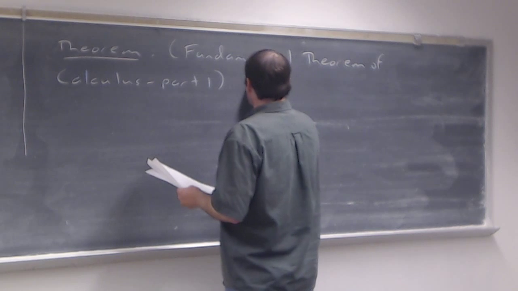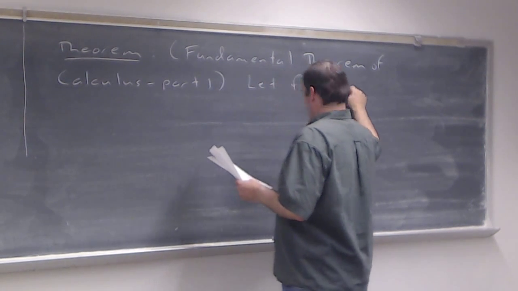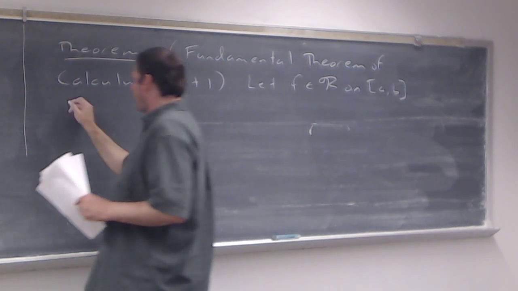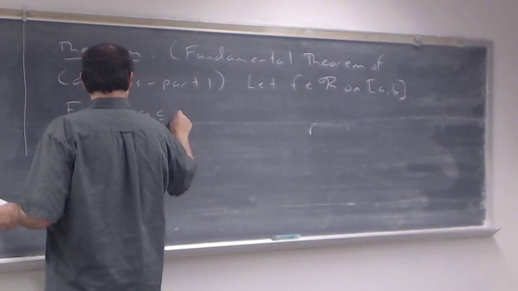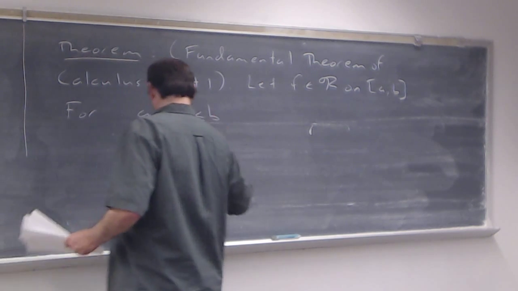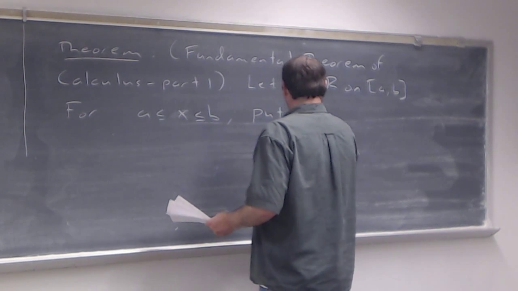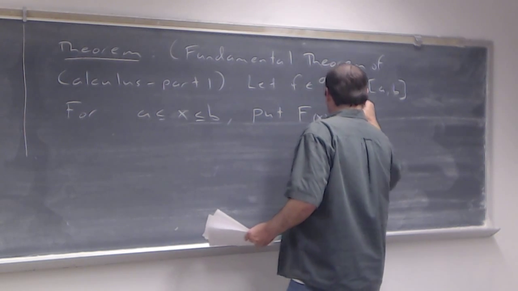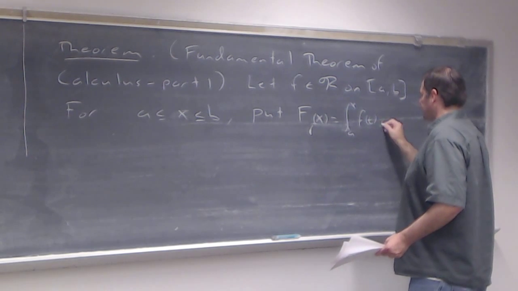It says, let f be Riemann integrable on [a, b]. Now, for any x that's sandwiched in between a and b, put big F of x equal to the integral from a to x of little f of t dt, where t is a dummy variable.